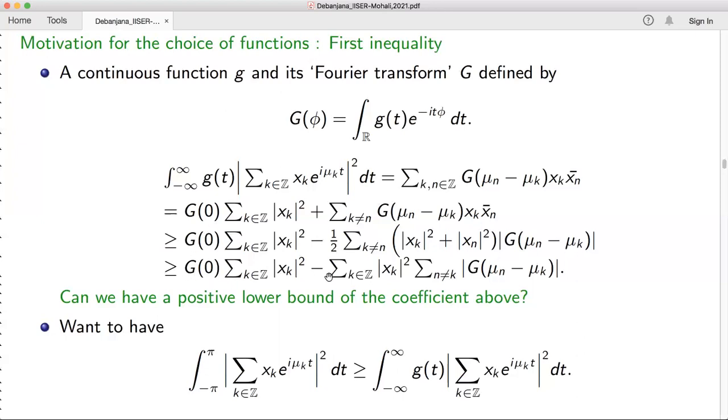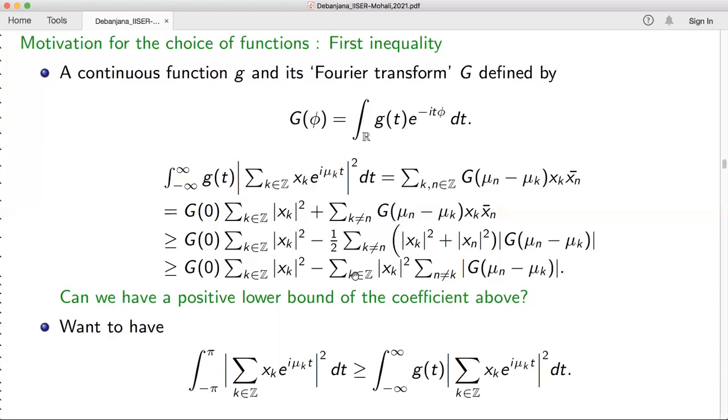Provided we have all these, we get this last inequality. So it remains to show that this summation is uniform in k, say bounded by some C naught, and that C naught is strictly less than G0, so then we can expect some lower bound. That is our next goal.